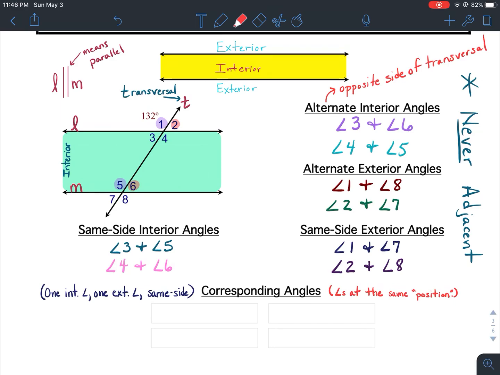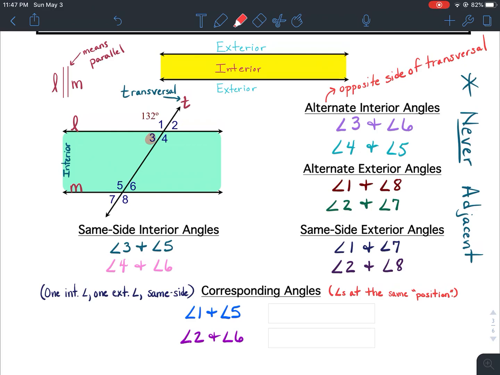They are corresponding angles. Angle 2 is an exterior, angle 6 is an interior, and they're on the same side, so that makes them corresponding angles. So, angle 1 corresponds with angle 5, and angle 2 corresponds with angle 6.